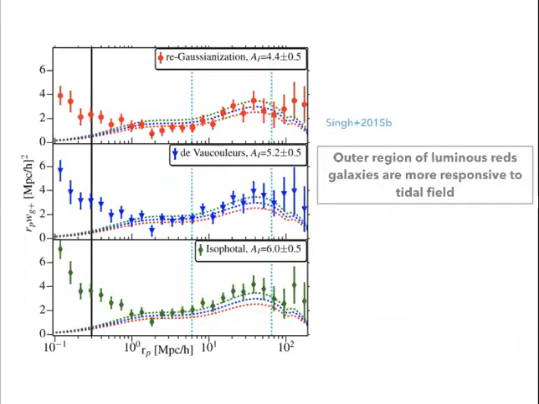This result is somewhat consistent with what people see in observations. For example, this is an intrinsic alignment measurement done in a low-z sample. The Gaussian one is the one that gives more weight to the center region of the galaxy, while the other one and the isophotal one give more weight to the outer region.